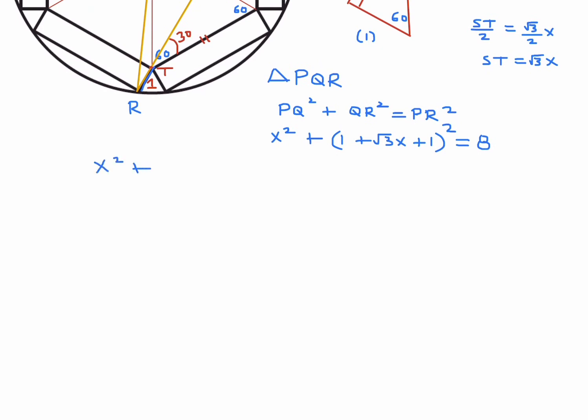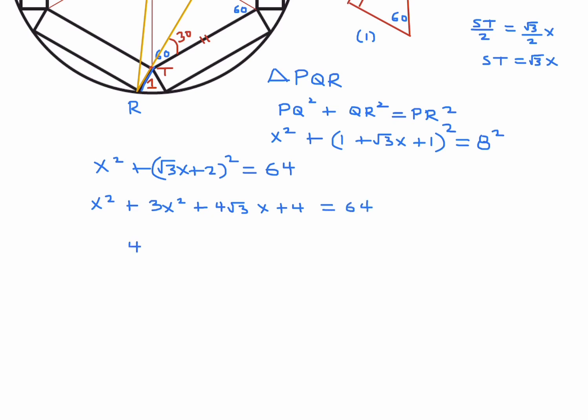So we've got x squared plus root 3 x plus 2, all squared, is equal to 8 squared, which is 64. So this is x squared plus 3x squared plus 4 root 3 x plus 4 is equal to 64.